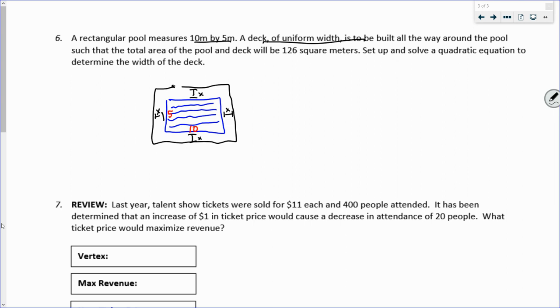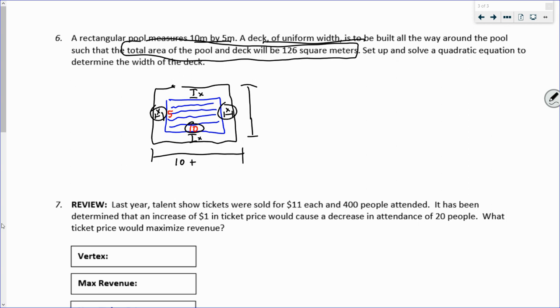Uniform width, now, all the way around. The total area of pool and deck together is 126, which means this by this needs to equal 126, which means 10 plus x plus x, 10 plus 2x, times 5 plus x plus x, 5 plus 2x, has to equal 126.